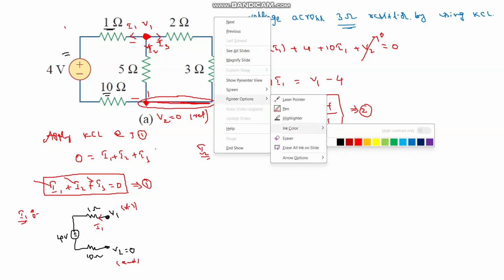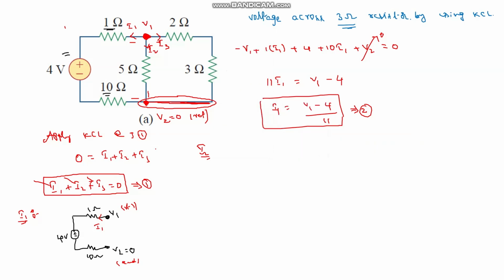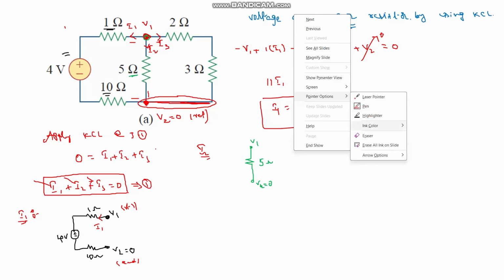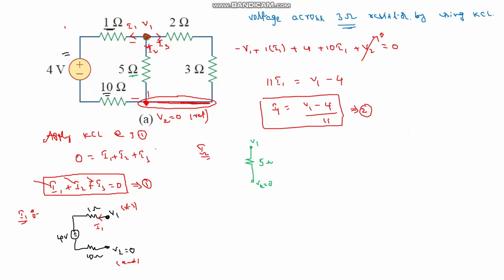The current passing through the path, through the 5 ohm resistance, from V1 to V2. Draw that path separately without any change. So this is V1 and V2, which equals 0, and this is the 5 ohm resistor. And the current direction is from V1 to V2.